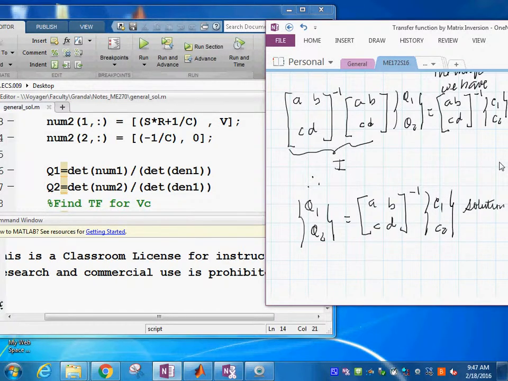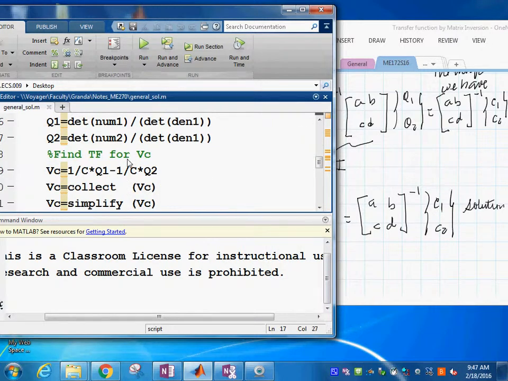First of all, I need to put it in a nice way. So you use this collect, which means collect all the terms, and then simplify. The new version of Matlab does not like this statement called simple. We did it with the previous version, so put a comment in here, a percentage sign.